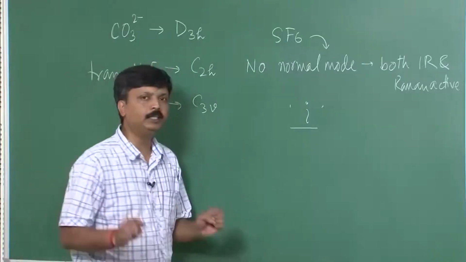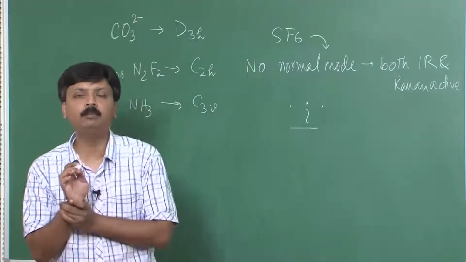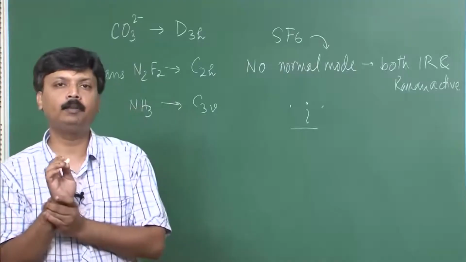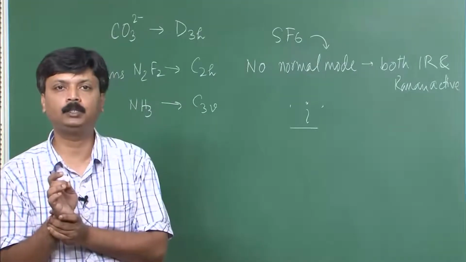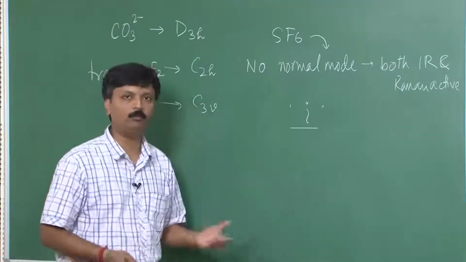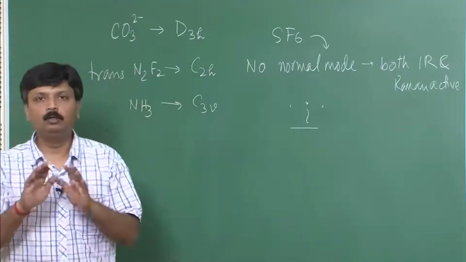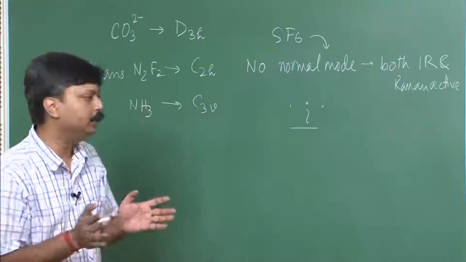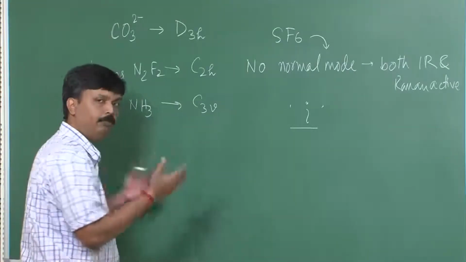So is it a general rule that for a centrosymmetric molecule no Raman active mode will be infrared active and vice versa, while for other types of molecules having no inversion center, no such rule will be applicable? So is it a general rule or not? Let's figure that out.